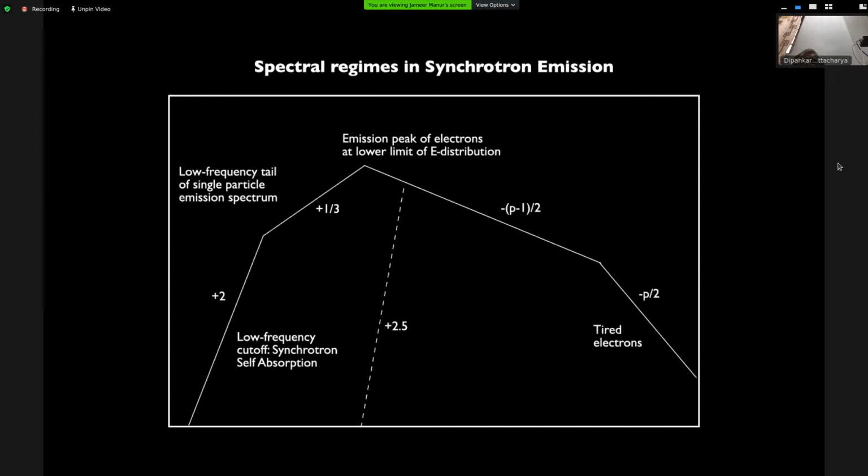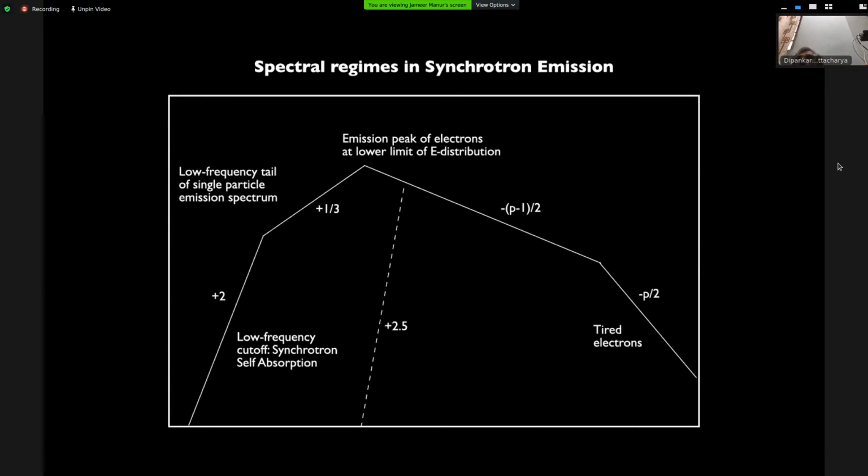And if the emission has not become optically thick by then, below that frequency, you will have a nu to the power of plus 1/3 dependence of emission.